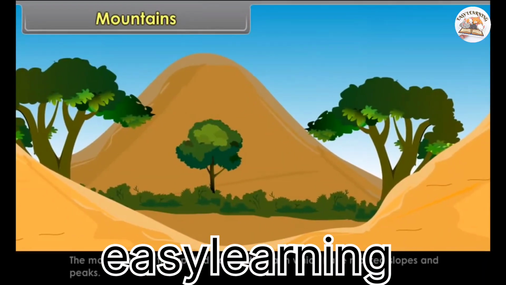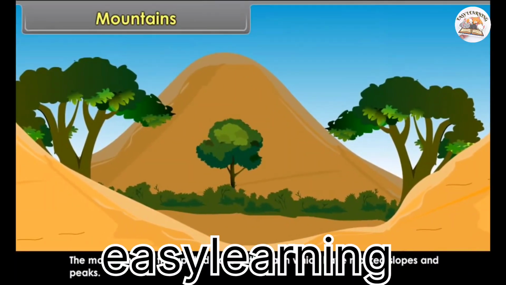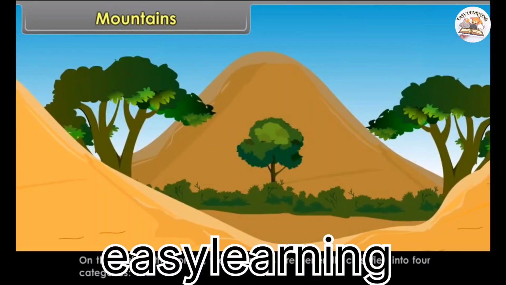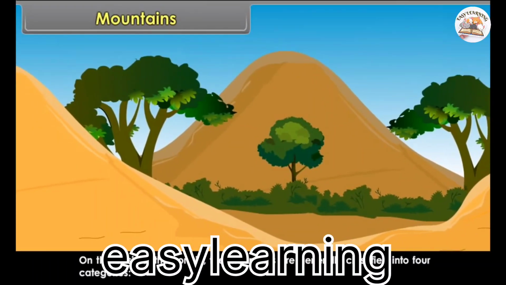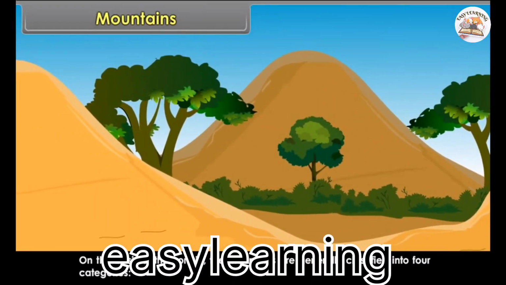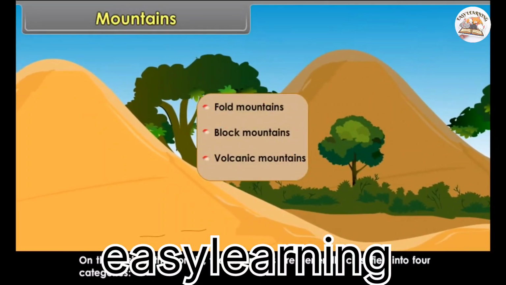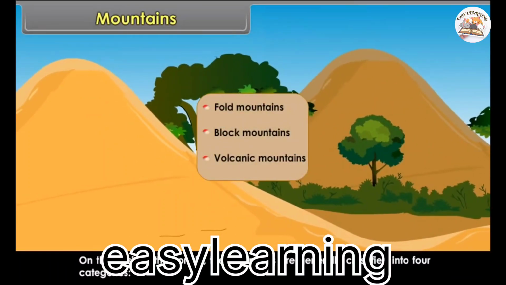Mountains. The mountains are the uplifted parts of the earth which have marked slopes and peaks. On the basis of their origin, the mountains are generally classified into categories: the fold mountains, block mountains, volcanic mountains.